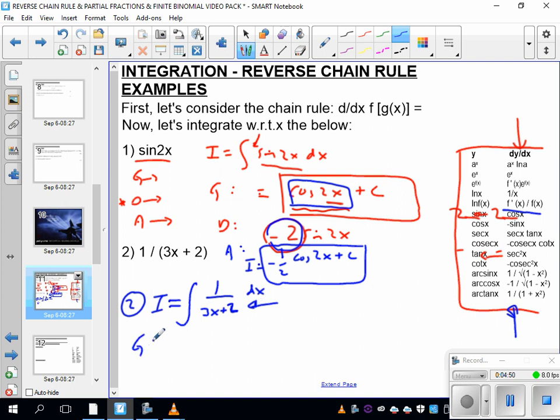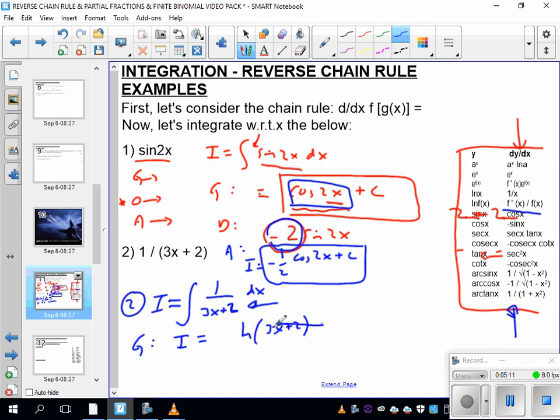So I reckon, and in general, this is our way of looking at things. If you're integrating a fraction, the first thing you're looking at is, is it ln f of x? So I'm going to guess that my I is ln 3x plus 2.